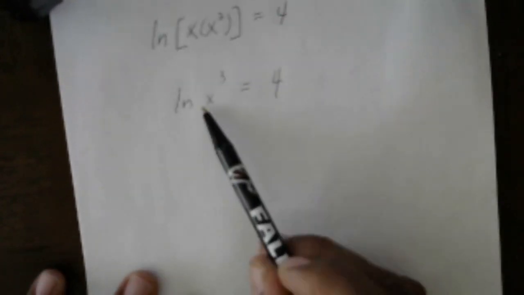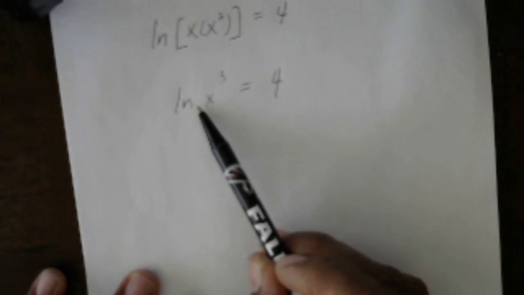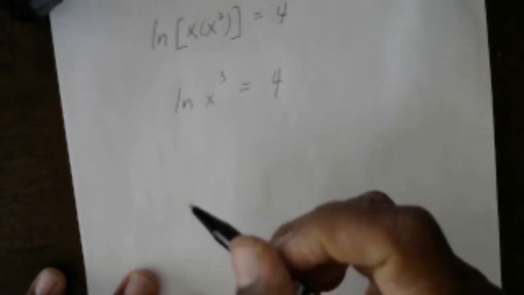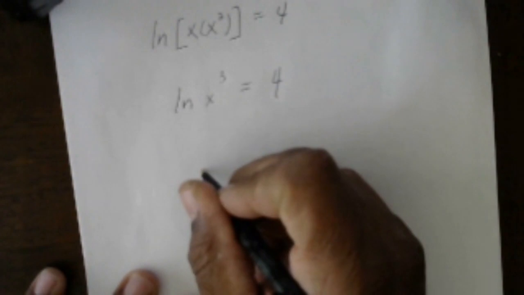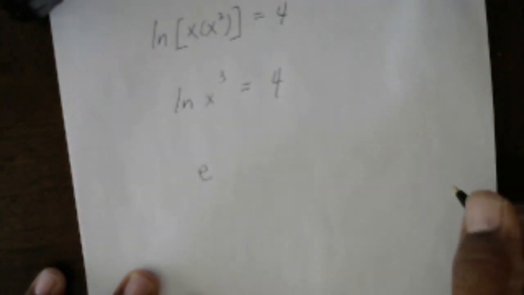Now I'm going to convert this natural log to an exponential function. So the way we do that is we take the base of our log, which in this case the base is e. The base of that log serves as the base for your exponent.